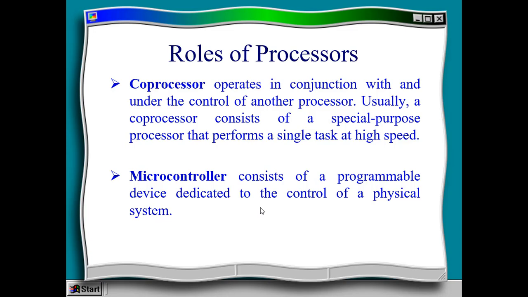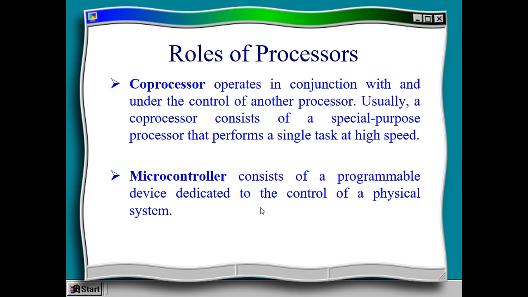We have the core processor, and we have the microcontroller, which consists of a core processor that operates in conjunction with and under control of another processor. Usually the core processor consists of a special purpose processor that performs a single task at high speed.